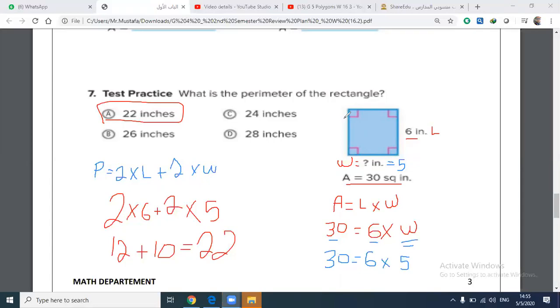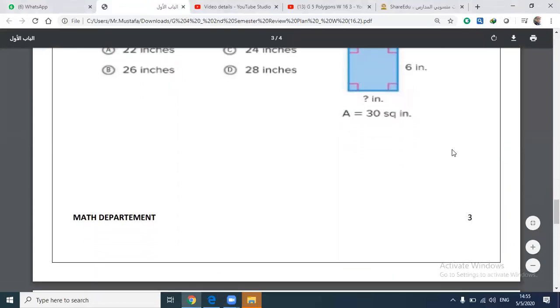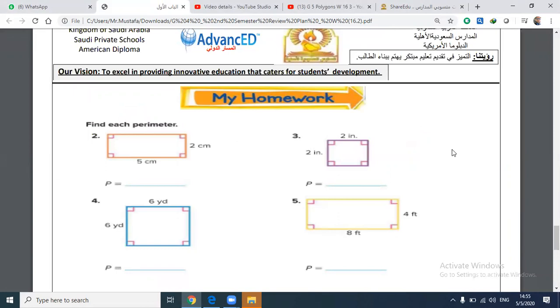Okay, good. Last page for this worksheet and this session. This page number 4. Find each perimeter. Okay, how to find perimeter, Muhammad, for this one?